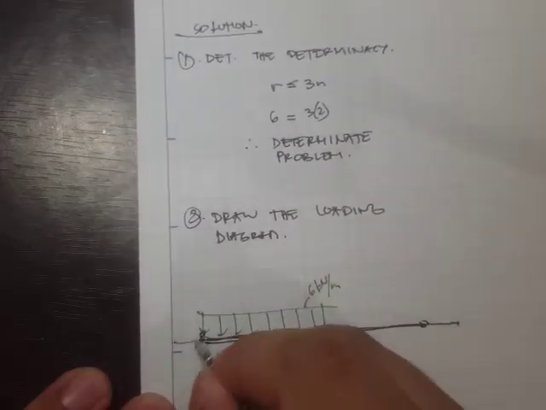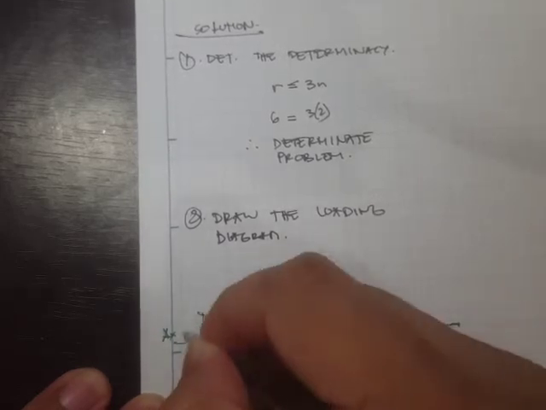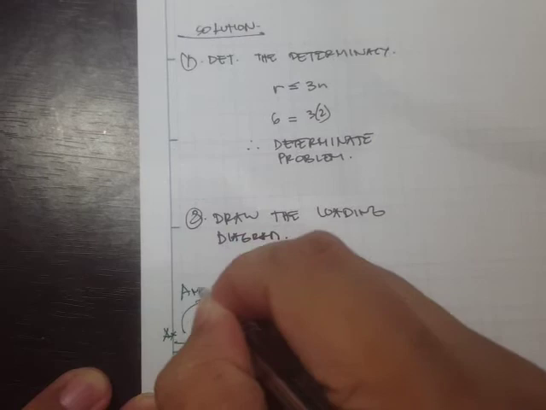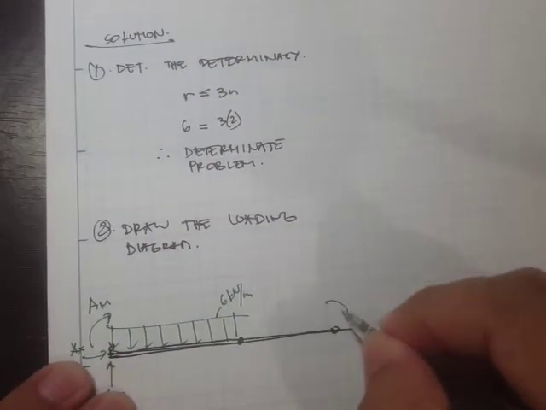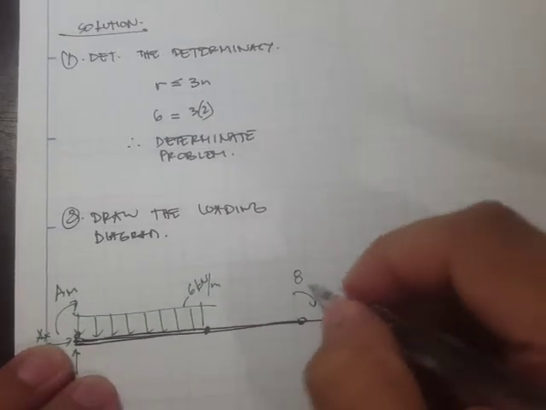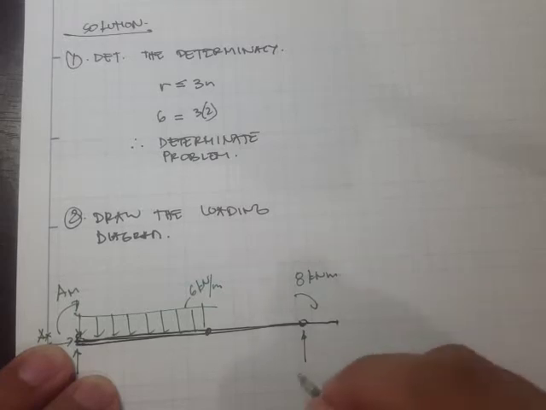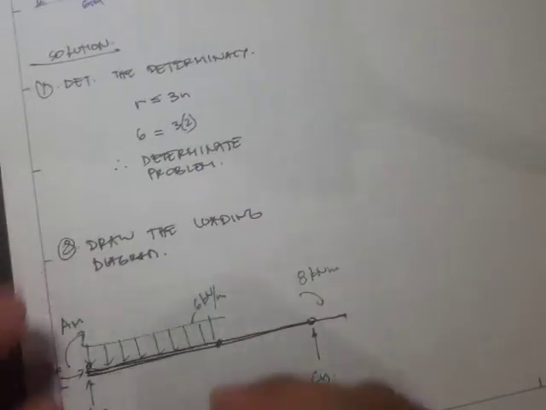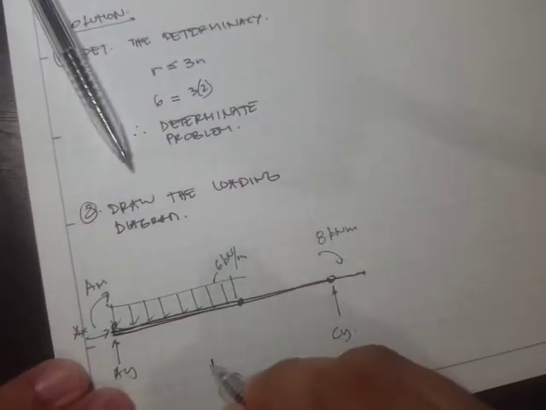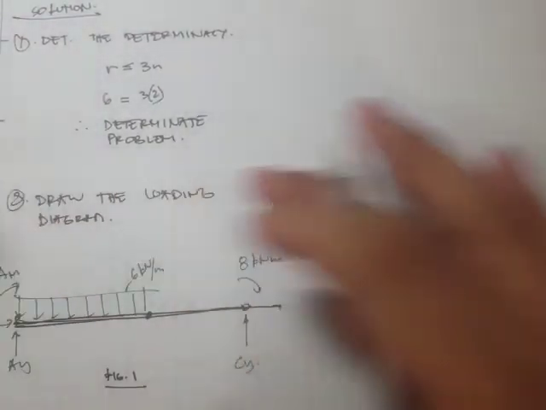Right here we have, let's say this is AX, and then this is our AY, and this will be our moment, A sub M, moment at A. Okay, and right here we have a moment of 8 kilonewton meter, and we also have CY. Let's say this is figure 1, because we are just drawing the loading diagram of the entire structure.